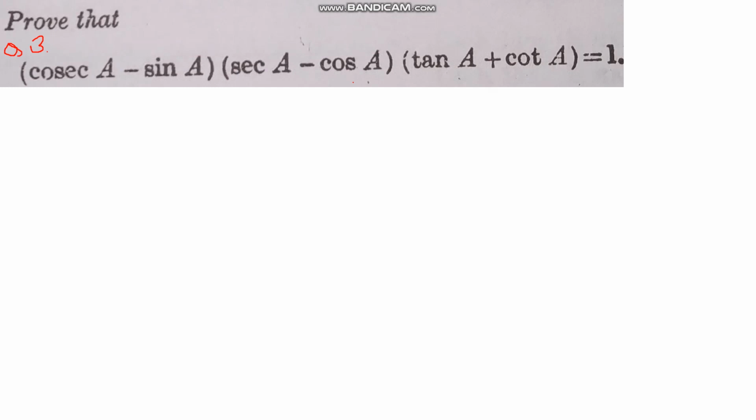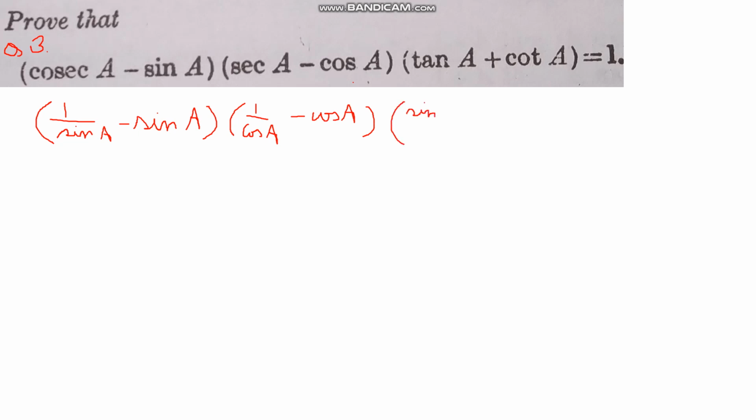This statement can be again written as 1 by sin A minus sin A. Now sec A can be written as 1 by cos A minus cos A. Tan A and cot A can be written as sin A by cos A plus cos A by sin A.